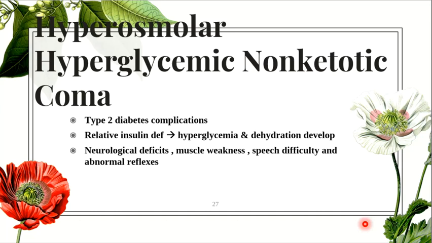Okay, so insulin is actually present, but it has become deficient. So because of that the glucose levels have increased, but the patient has developed dehydration because of loss of the fluids from the body. The loss of fluid can lead to hyperosmolar, right? Increased ions in the serum, so hyperosmolar, glucose levels are increased.